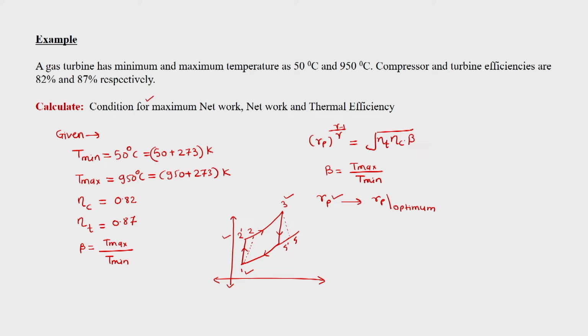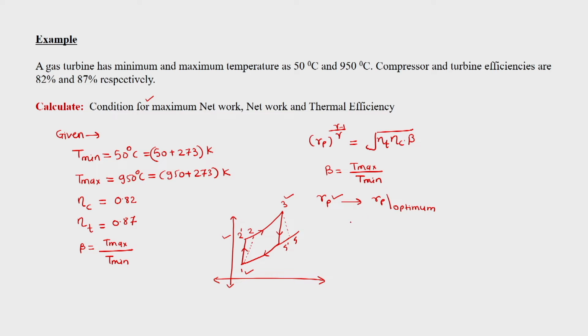We can use the formulas we derived for getting the properties at all the corners. In this case we know the pressure ratio, P2 by P1, which is our Rp, and it is Rp optimum. We can assume the initial condition as 1 bar, and once we know P1, we know P2 since we know Rp.